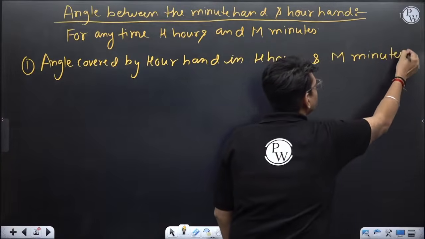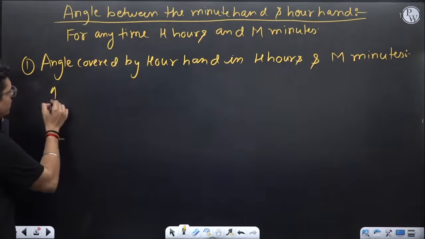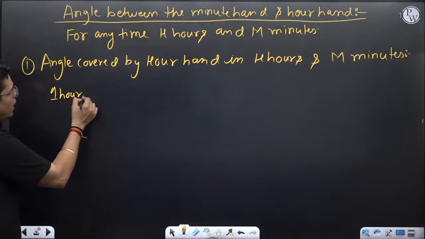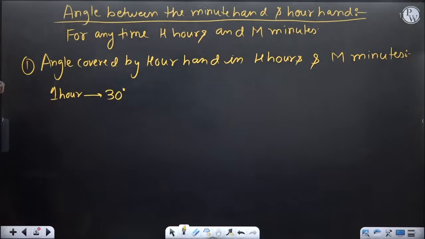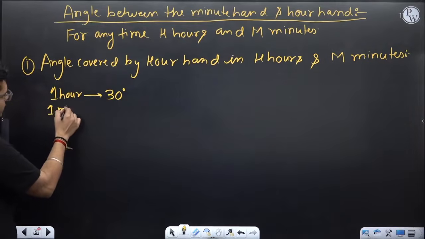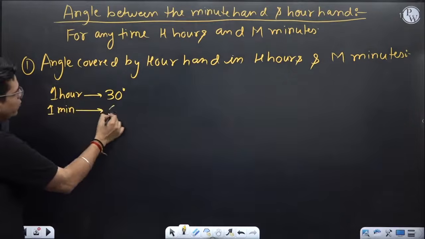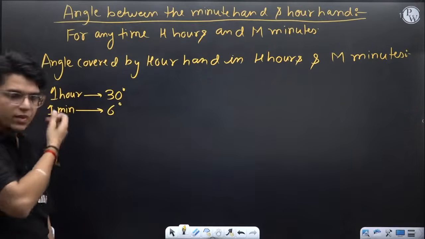We need to calculate this. Okay. So in 1 hour, the hour hand moves 30 degrees, right? And in 1 minute, it moves 6 degrees, right?